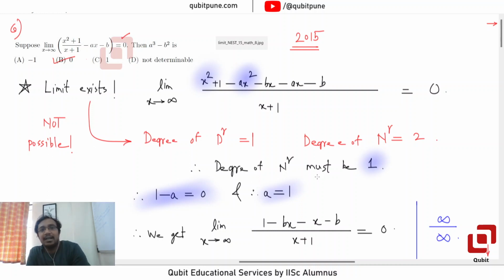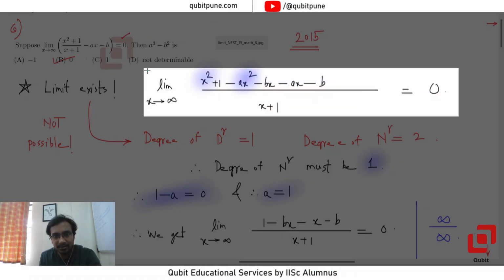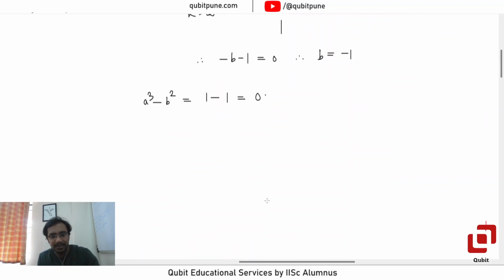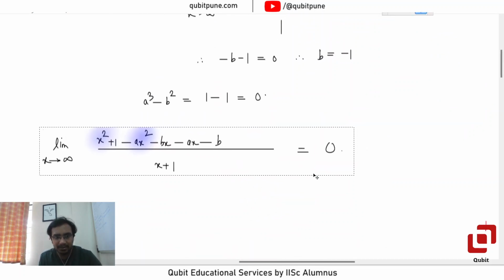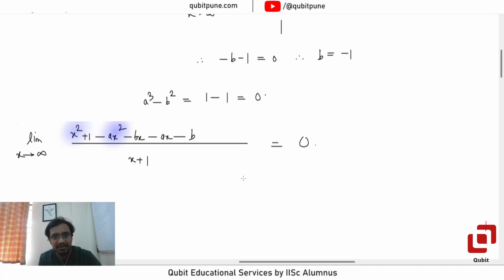It could be less than that, but in that case, okay, let's just consider that possibility, although I don't think the problem setter intends to do that, but let's quickly go for it. Because anyhow the limit is 0.